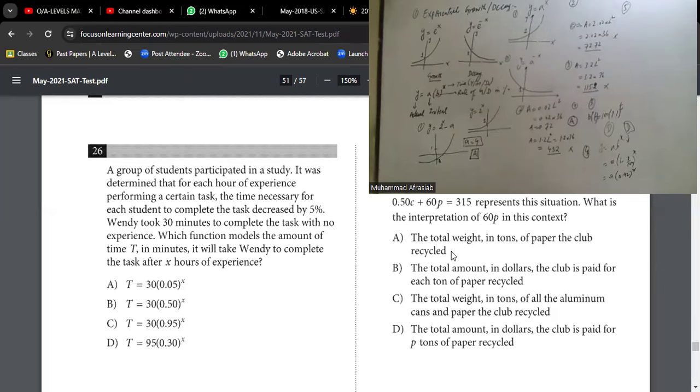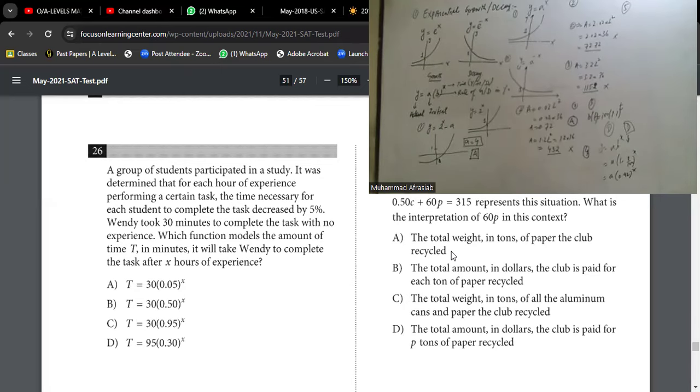Wendy took 30 minutes to complete the task with no experience. Which function models the amount of time t in minutes it will take Wendy to complete the task for x hours of experience?